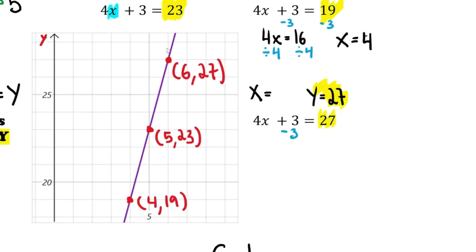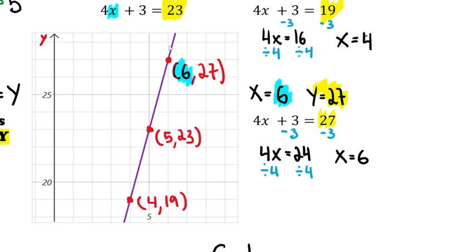So if we subtract 3 from both sides, we're going to end up with 4x equals 24. Excellent. Now, when we divide both sides by 4, we should find that our x coordinate is going to be 6. And surprise, surprise, that is the exact same thing that we have on our linear equation.